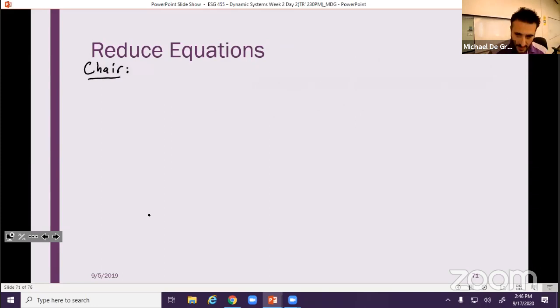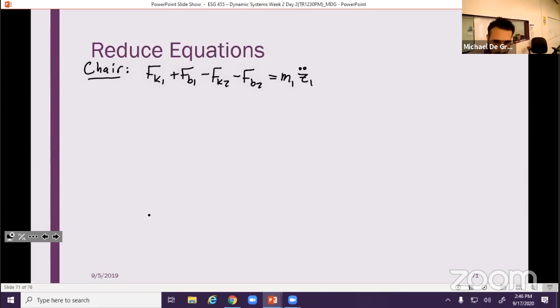So for the chair, we had FK1 plus FB1 minus FK2 minus FB2 is equal to M1 Z double dot 1. Yes? That's what I remember.